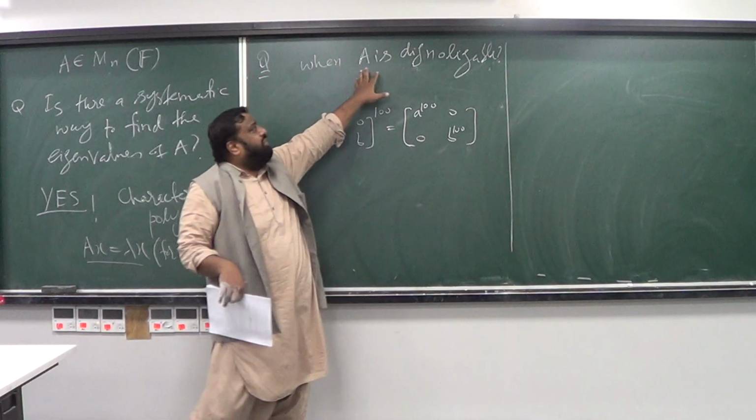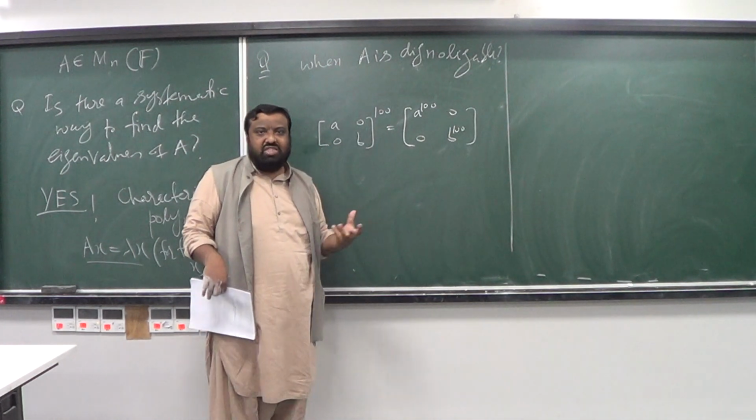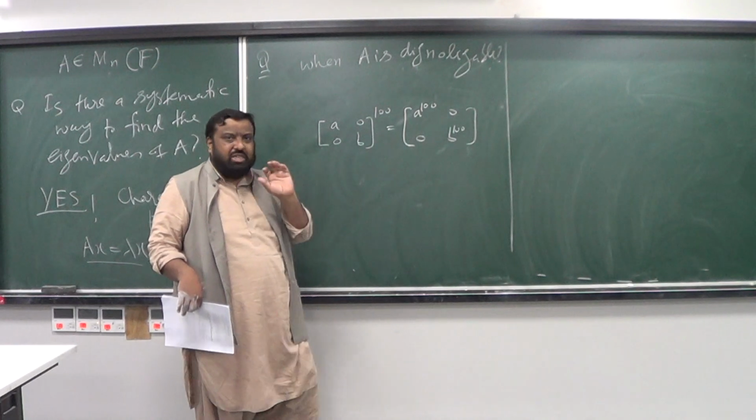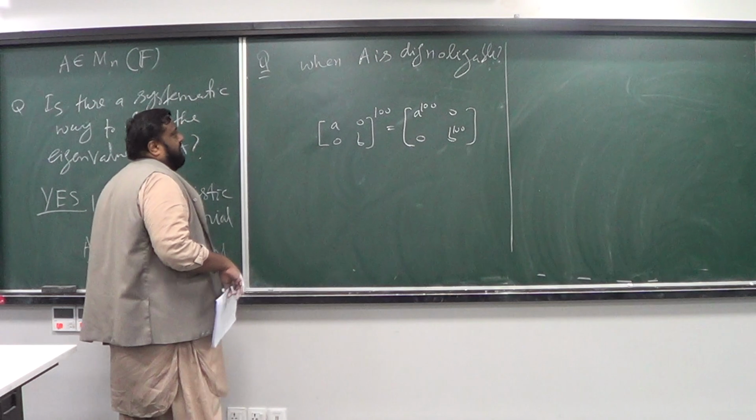I'm going to define properly what diagonalization is and when a matrix is diagonalizable, but let me just give you a glimpse of why this is going to be a very interesting topic.